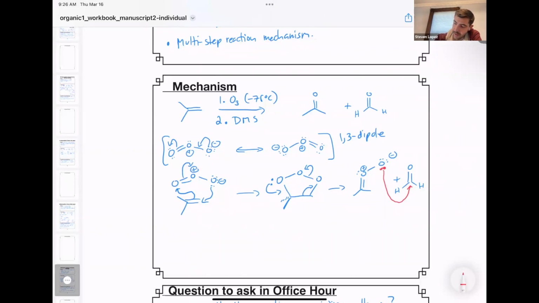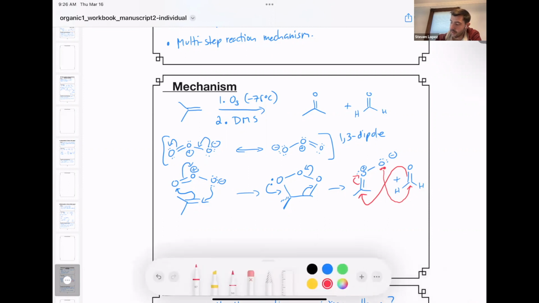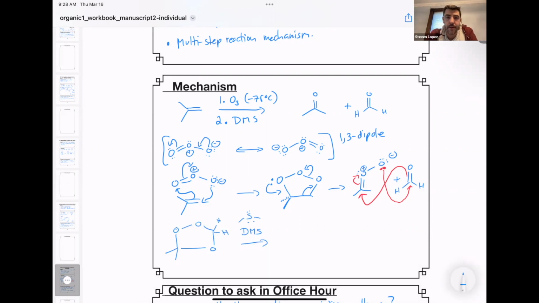Then this pi bond will attack at the same time this really electrophilic terminus of this structure here and kick those electrons up to there. Okay, now this will end up creating a structure which makes this compound here.